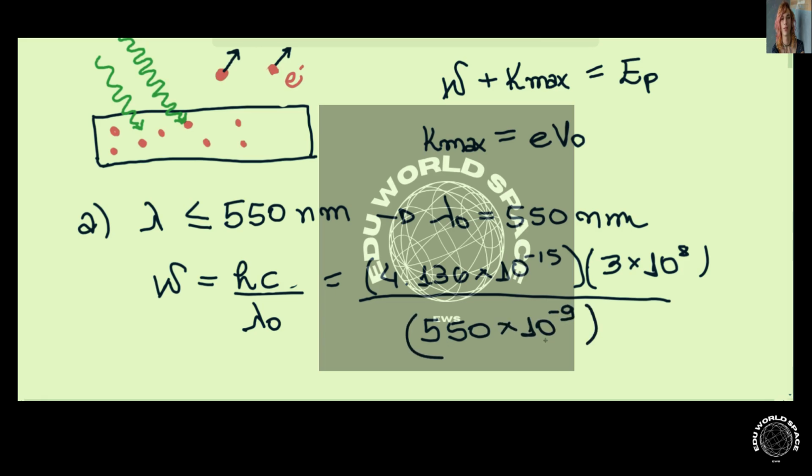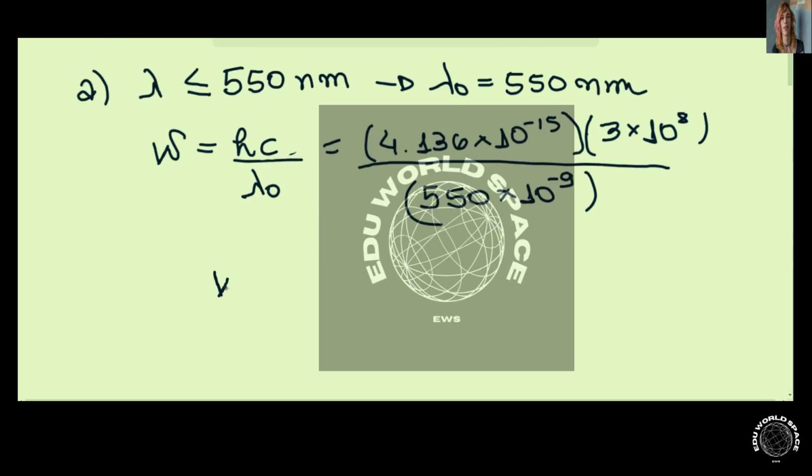Doing this calculation, we find that the work function for the electron is 2.25 electron volts. So this is the answer for question A.